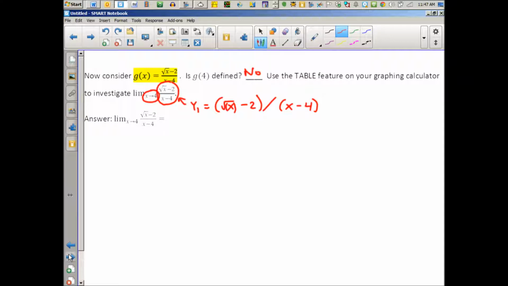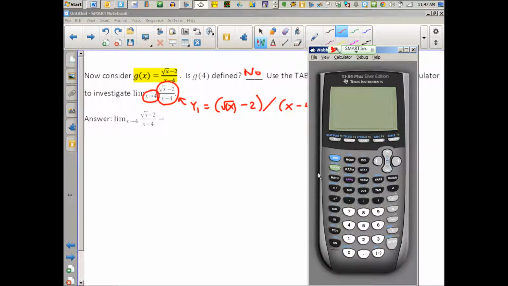Okay, I'll do the same while you guys are working. I'm also going to clean out my old table here. All right. So we have square root of x, close parentheses, minus 2, close parentheses, divided by open parentheses, x minus 4.